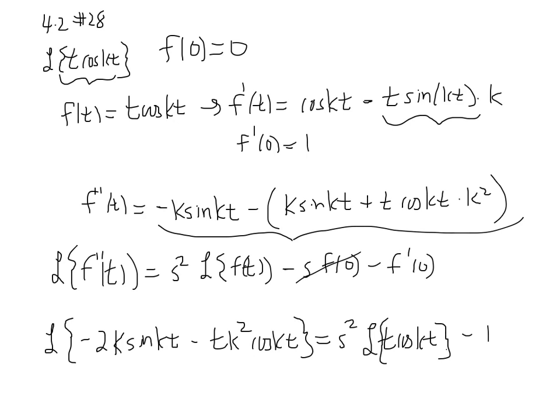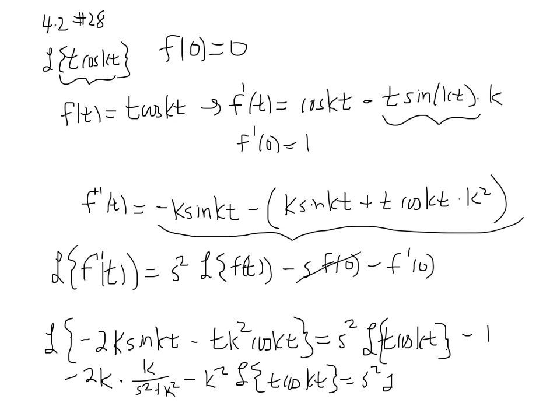So you're going to have negative 2k times the Laplace transform of sine kt, that's k over s squared plus k squared, minus k squared times the Laplace transform of t cosine kt, equals s squared times the Laplace transform of t cosine kt minus 1.